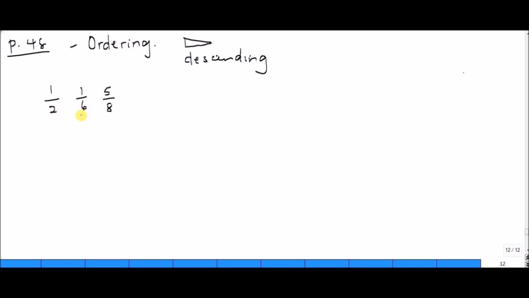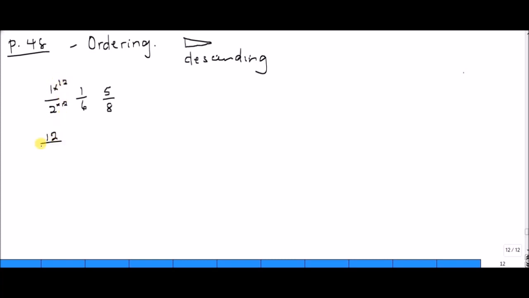So what could we do to 2 to make it become 8? No. Could we do anything to 6 to make it become 8? No. We could do something to all of them to allow them to become something else though. We could make all of them become 24. We could multiply 2 times 12, and multiply the numerator by 12 also.